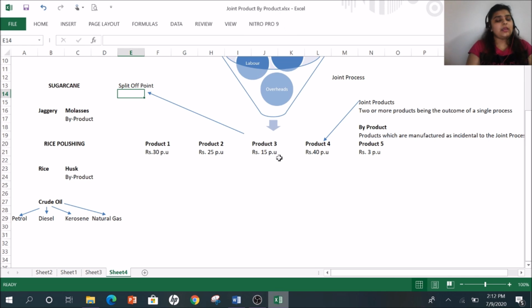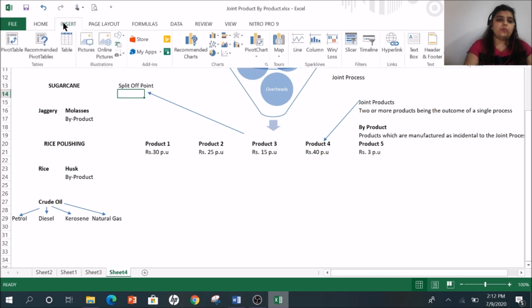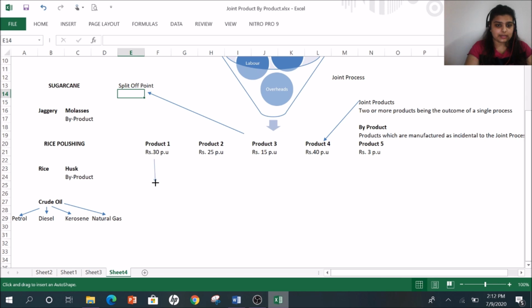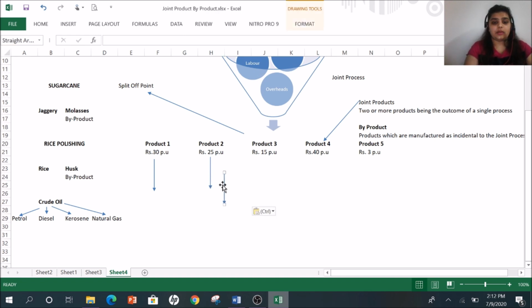Now they may be in their raw form and they might need to be processed further. So we are going to have something called further processing. As I told you, these three products require further processing. They can be sold in the market in this raw form, but if I further process it, I would get a better price.